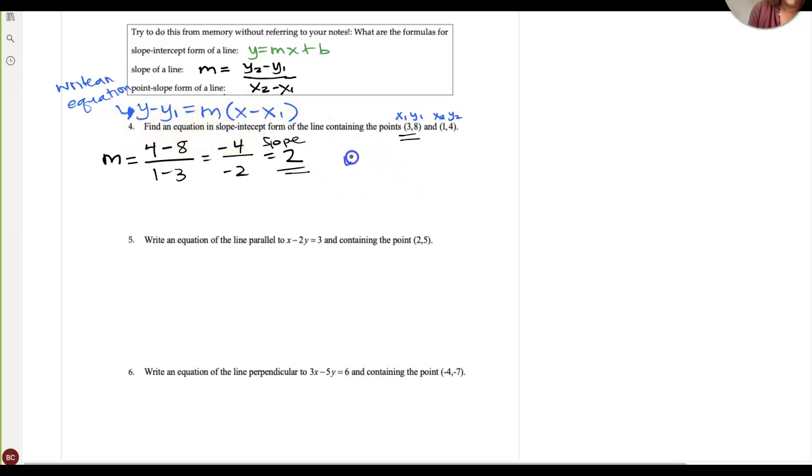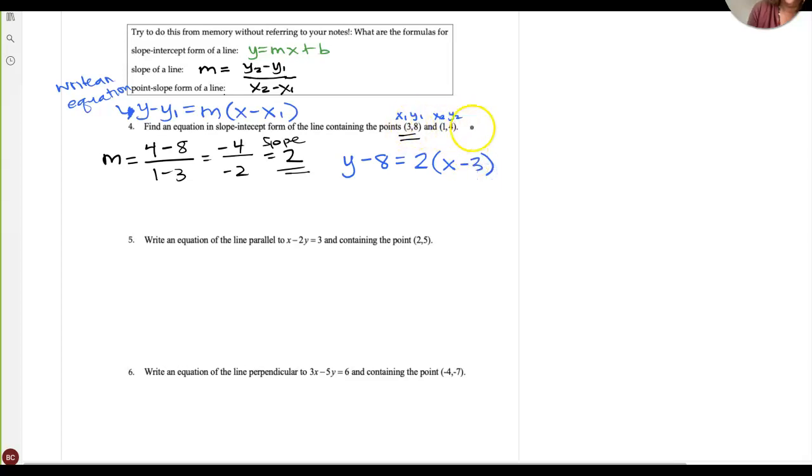But when I write this out, I've got y minus y1, which is 8. So y minus 8 equals the slope, 2, times x minus x1, which is 3.